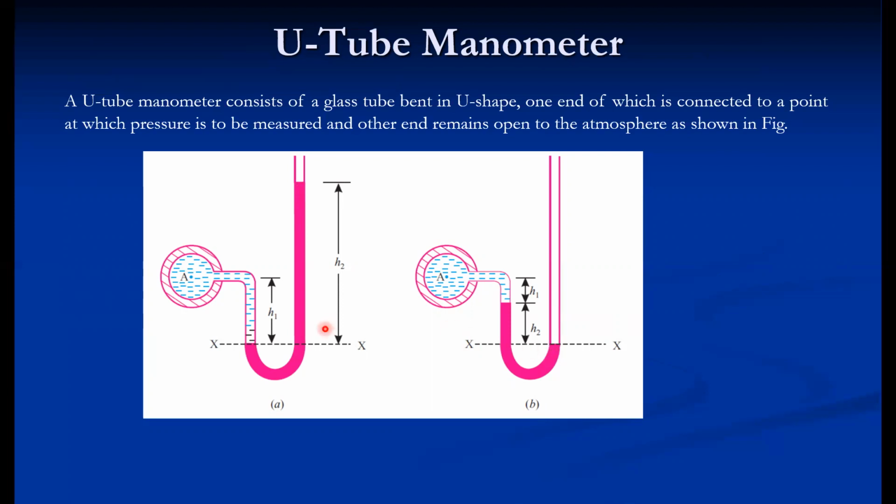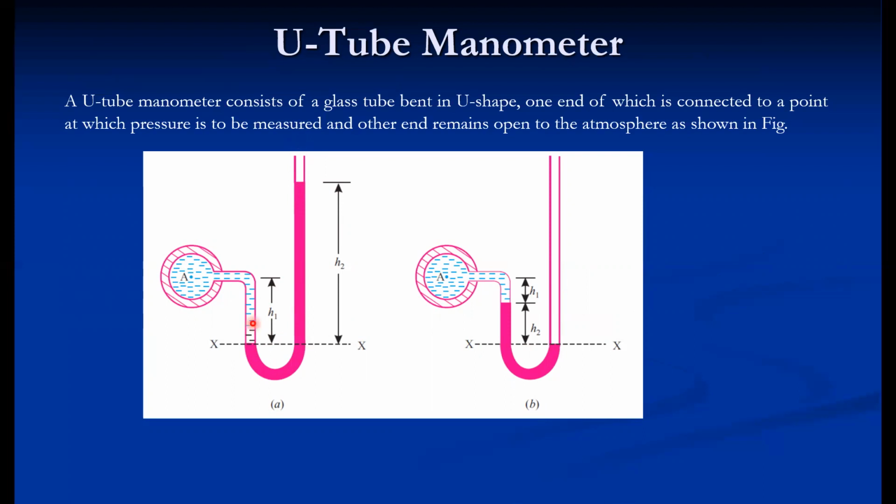So considering these level differences, we can easily recognize whether the system pressure or the pipe pressure is above atmospheric or below atmospheric. In this case, the pressure is above atmospheric because the pipe pressure pushes the manometric fluid against the atmospheric pressure.